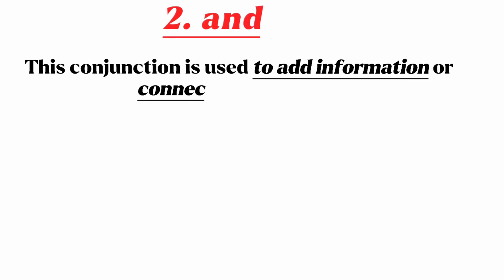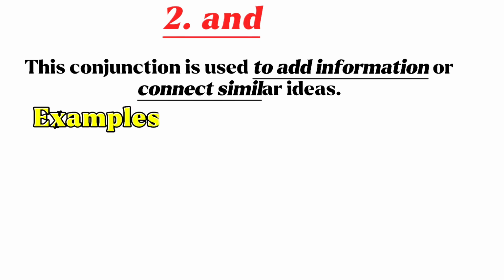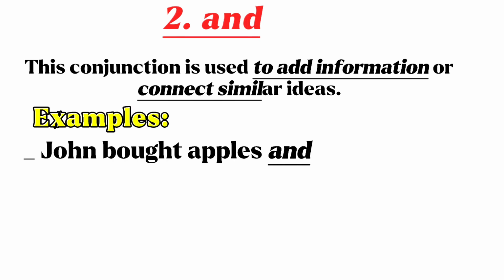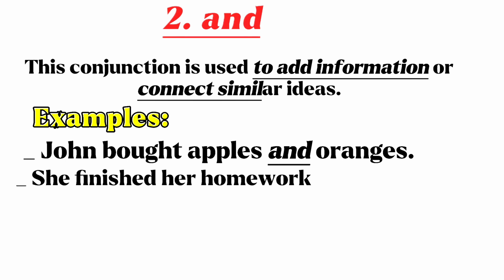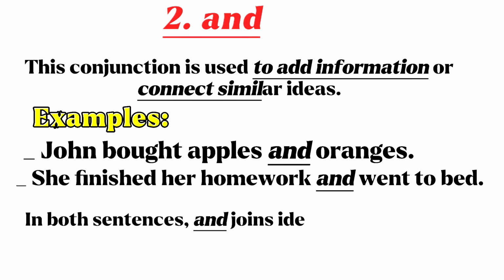The second is and. This conjunction is used to add information or connect similar ideas. Examples: John bought apples and oranges. She finished her homework and went to bed. In both sentences, and joins ideas that are related.